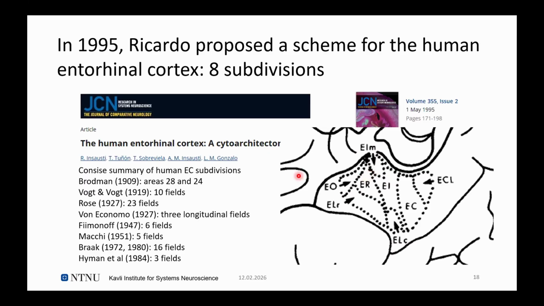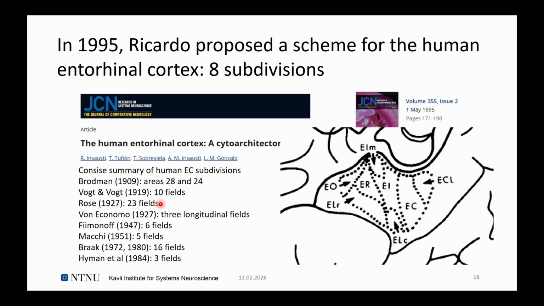And just to summarize the number of subdivisions in the human entorhinal cortex, as I did in the monkey entorhinal cortex, as you can see, there are many different ways of subdividing the human entorhinal cortex, varying from 2 to 3 subdivisions, lateral, medial, and an intermediate, up to 23 fields, as Rose suggested. So the question that comes up, and I'll return to that at the end, is what is a useful number of subdivisions?